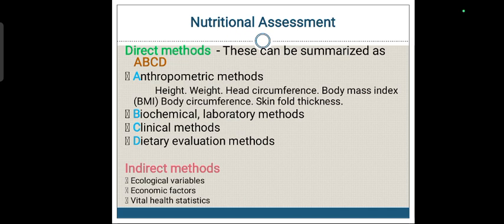Especially anthropometric methods are used where height, weight, head circumference, body mass index, body circumference, skin fold thickness are measured. In few cases, mixed methods are used for assessment.